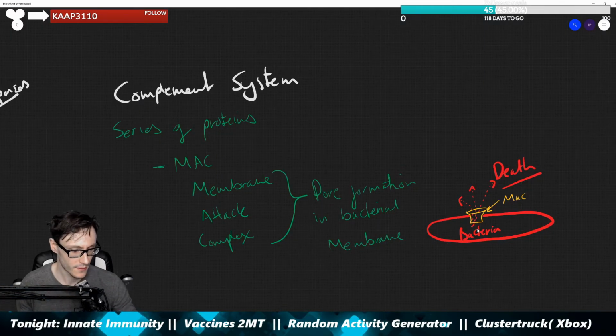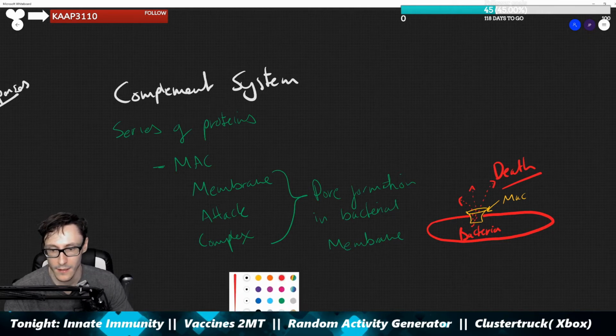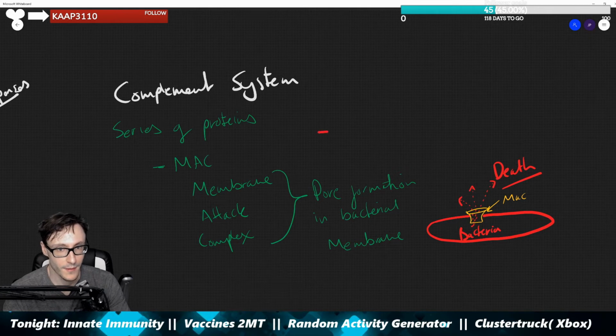The triggers: because you don't want this complex firing off willy-nilly, you don't want it affecting your own cells, the immune system has evolved a complex series of triggers for the complement system.